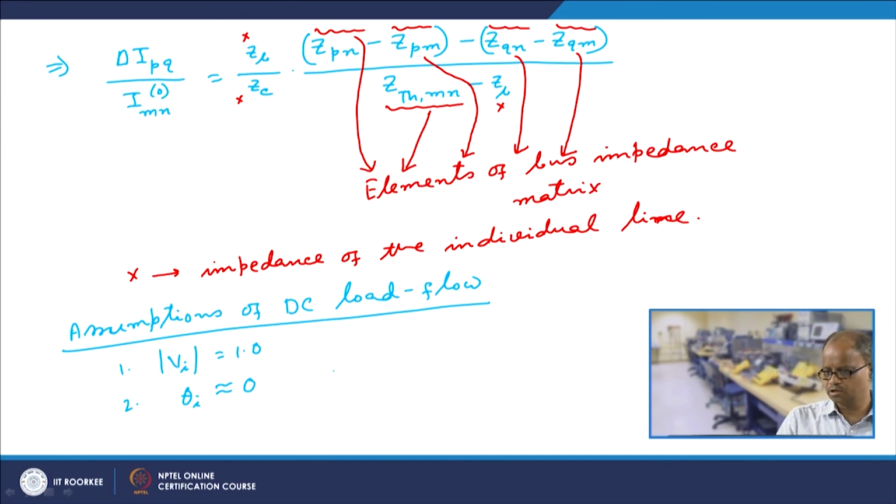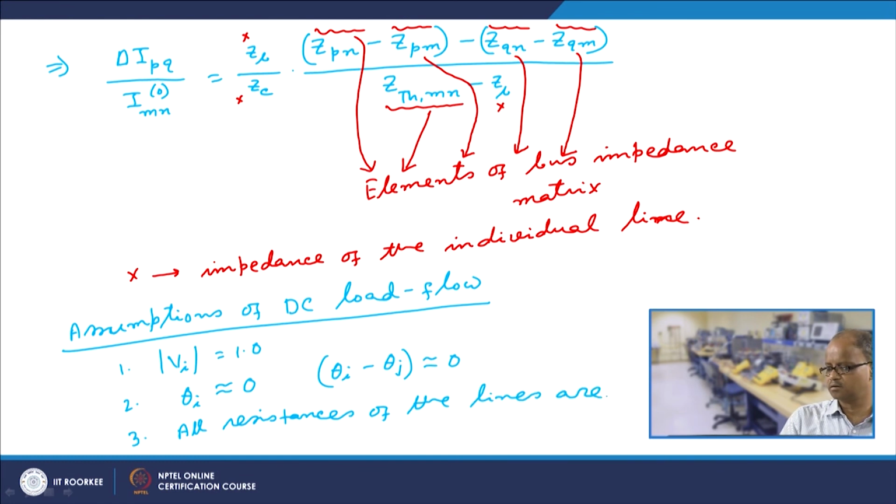So, theta i minus theta j is also almost equal to 0, and then all resistances of the lines are neglected.